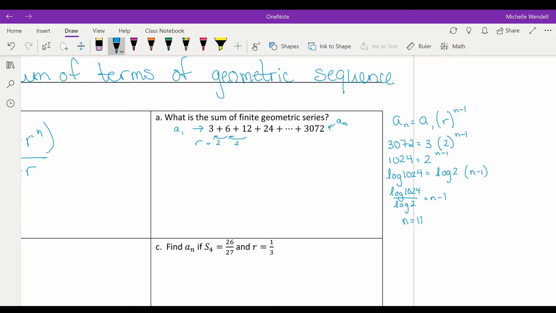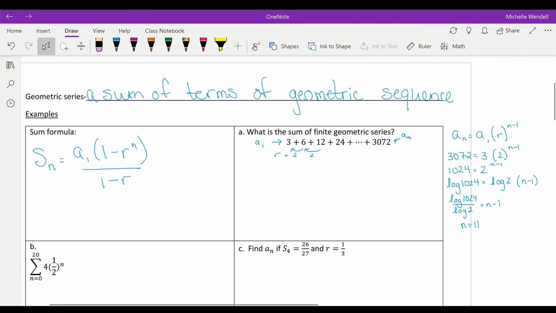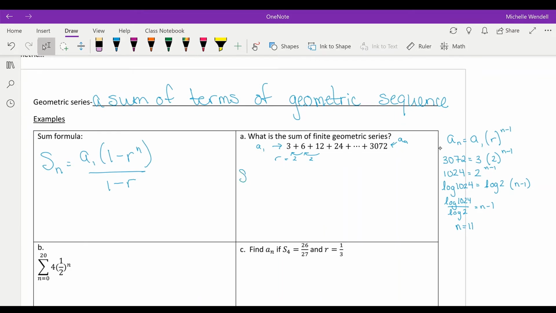And now I can plug that value in to get my sum. So S sub 11 equals my first term 3 times 1 minus my ratio 2 to the 11th over 1 minus 2. Now when you punch this into your calculator, this 2 to the 11th is by itself. It's not negative 2 to the 11th.